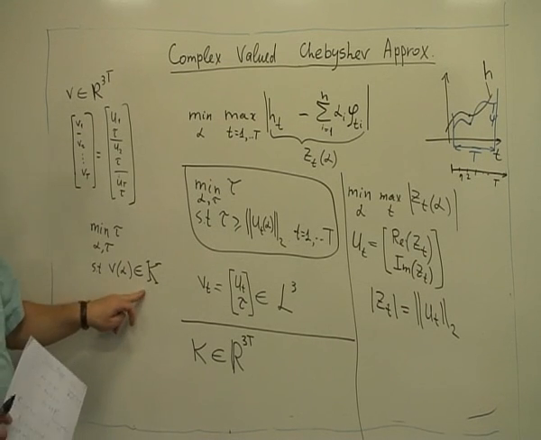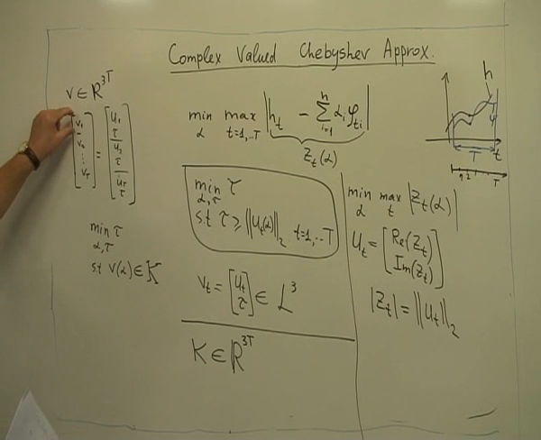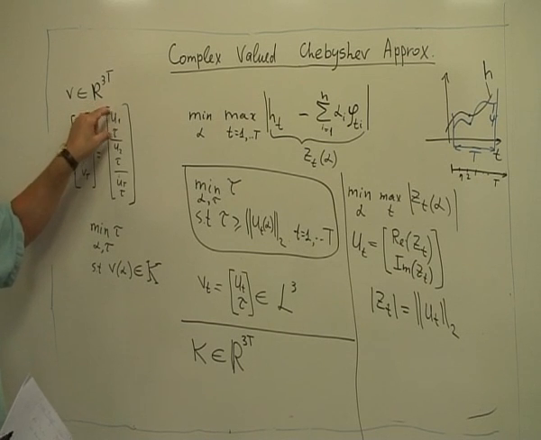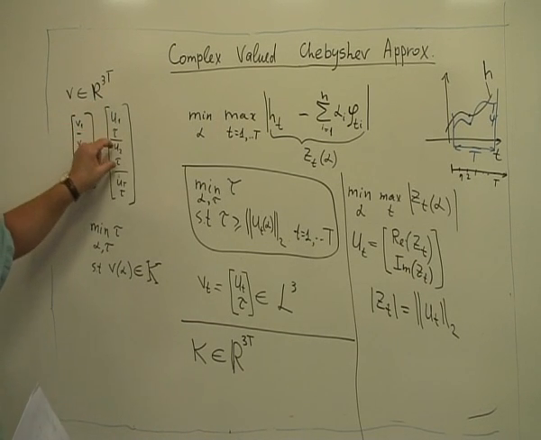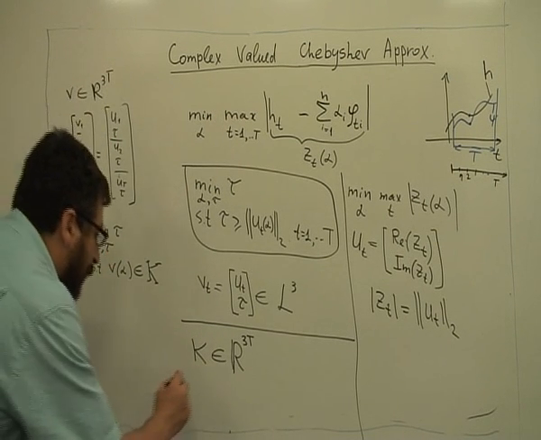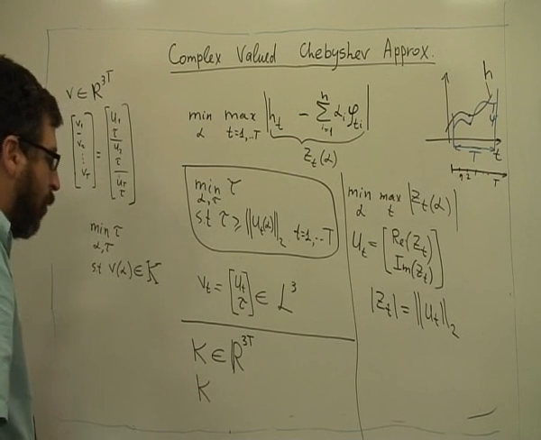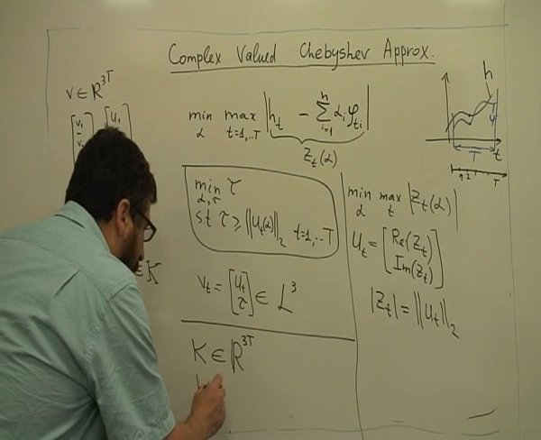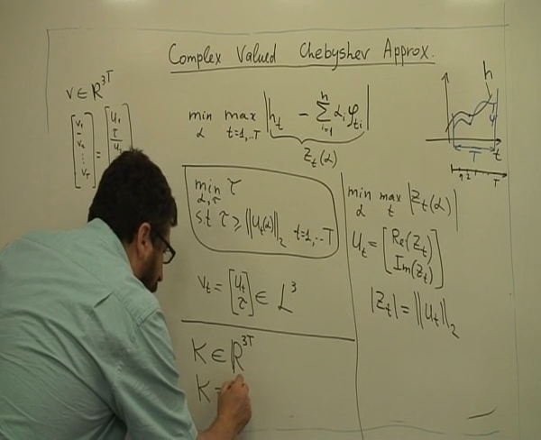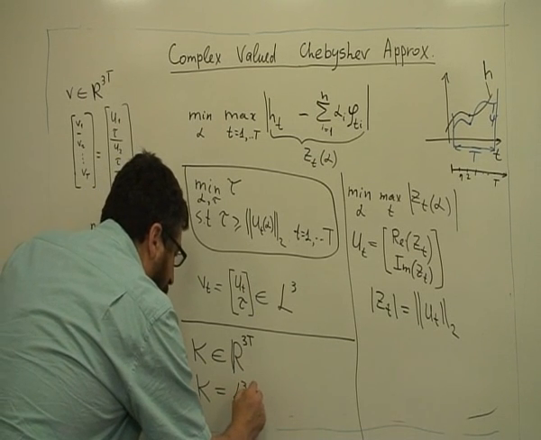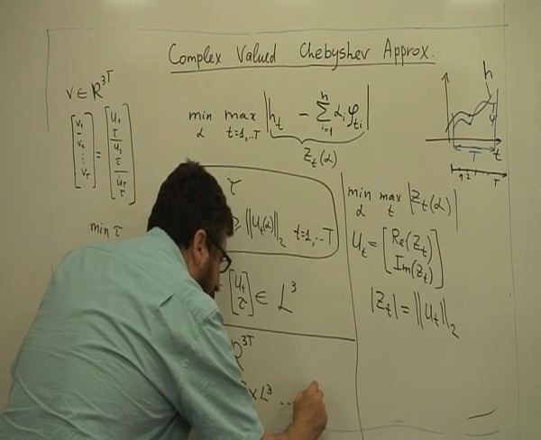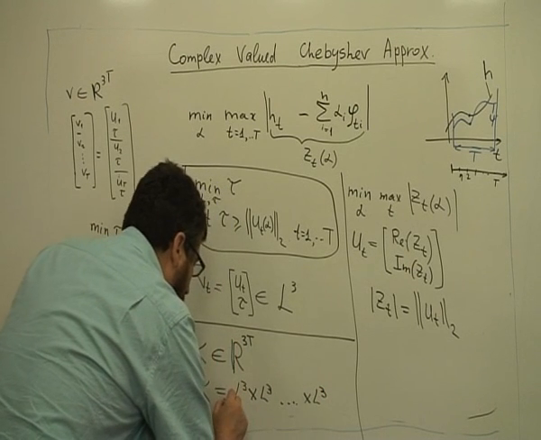So how can I define this cone? My first three components will belong to a Lorentz cone. My second three components will belong to another Lorentz cone, and so on. So I can define this cone K as a so-called direct product of T Lorentz cones, L3 by L3 and so on by L3, T times.